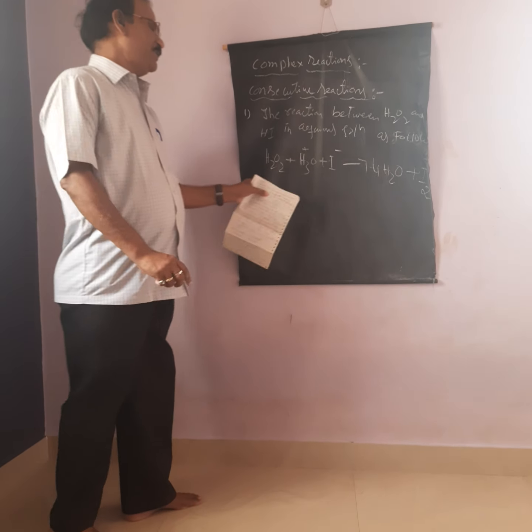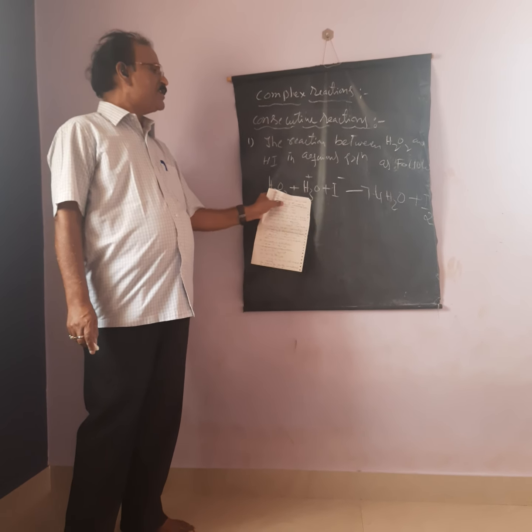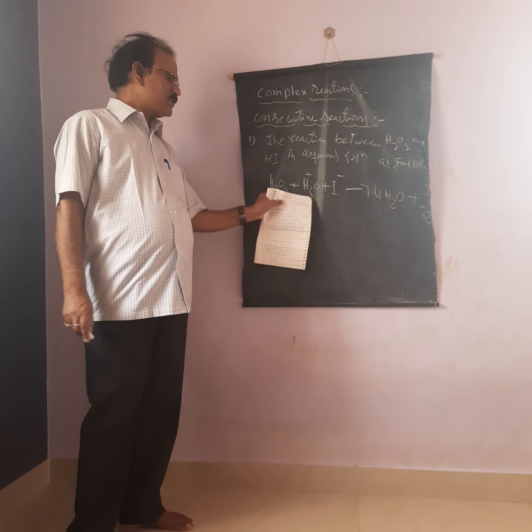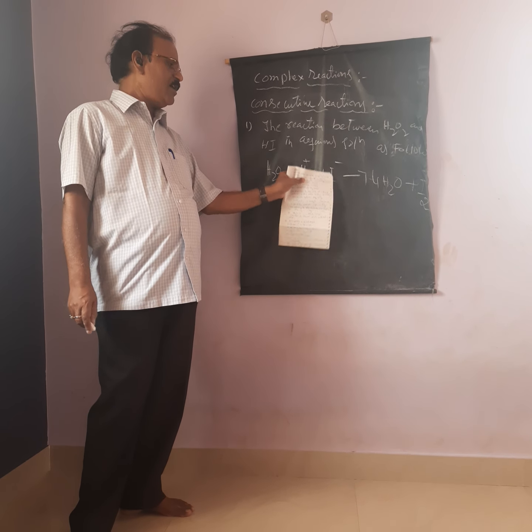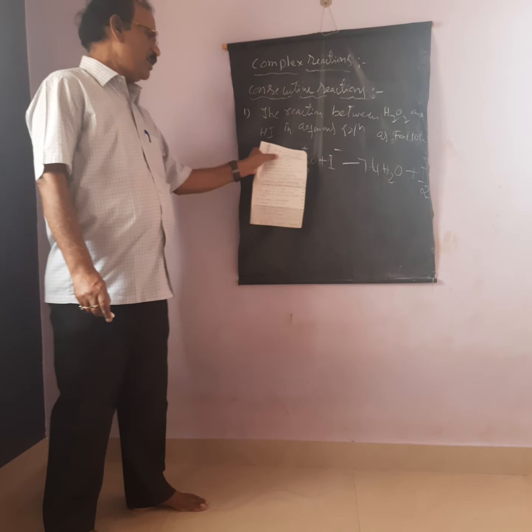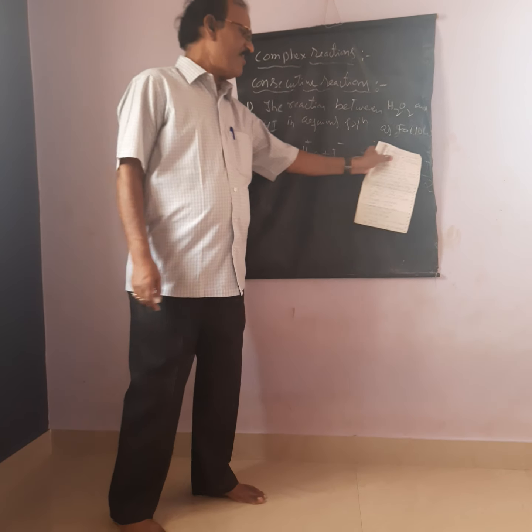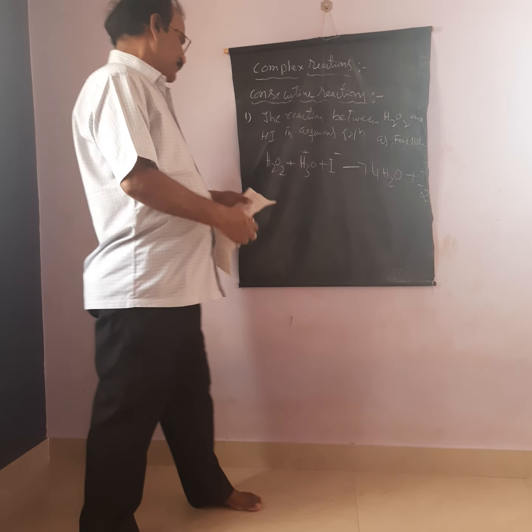This is the main reaction. In aqueous solution, the hydrogen iodide is present as hydronium ion and iodide ion. Both are colorless, but here the iodine is violet in color.